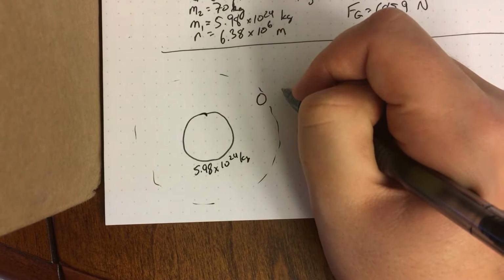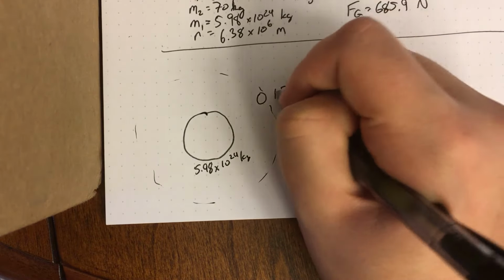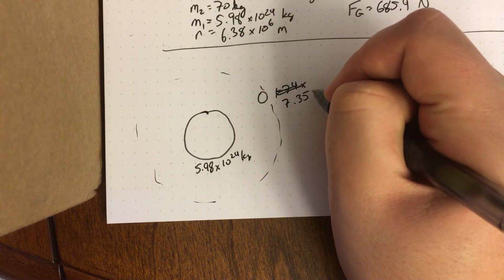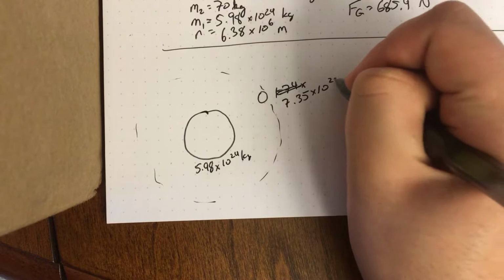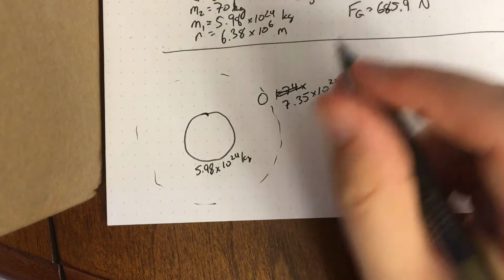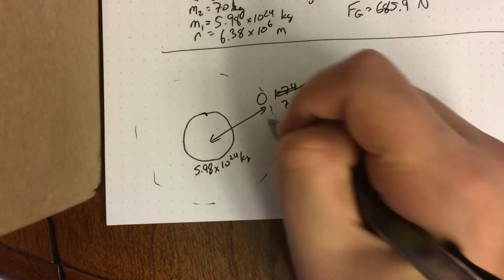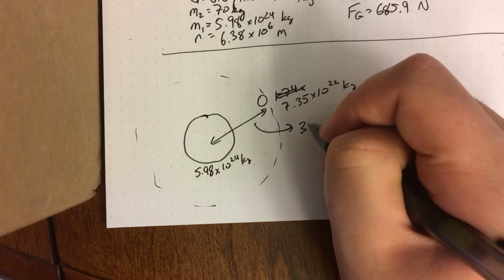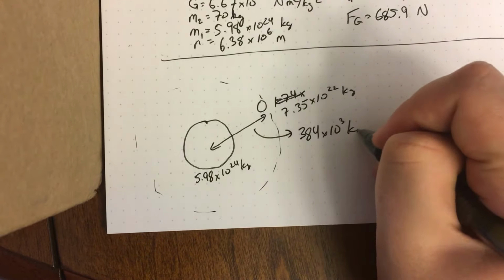The mass of the moon is 7.35 times 10 to the 22nd kilograms. And the Earth-Moon distance on average from center to center is 384 times 10 to the 3rd kilometers.